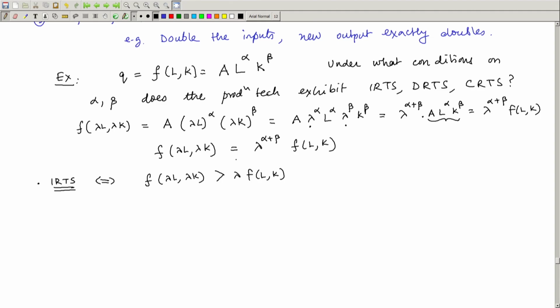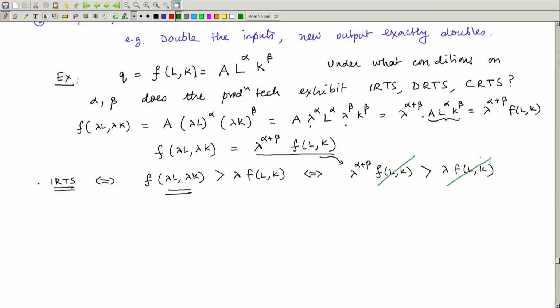But I already know that f of lambda L, lambda k is essentially this entire expression. So, I can replace f of lambda L, lambda k: lambda to the power alpha plus beta times f of L, k should be greater than lambda times f of L, k, right, to get increasing returns to scale.